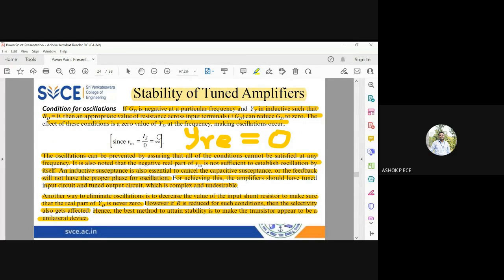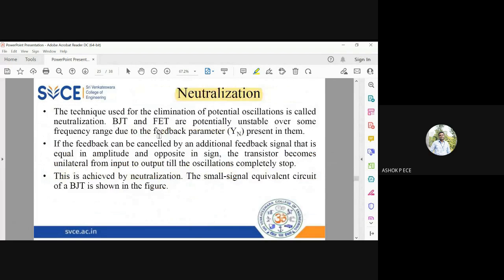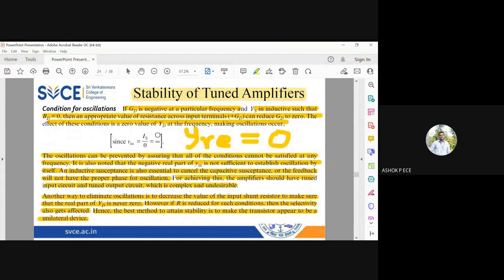So we have studied how stability of the tuned amplifier is affected using the Y parameter model, and the solution for how to ensure that tuned amplifiers are always stable is given by the neutralization techniques. We are going to see two types of neutralization techniques where the circuit is provided with additional elements to ensure that the feedback is completely cancelled and the tuned amplifier is always stable under whatever frequency you operate.